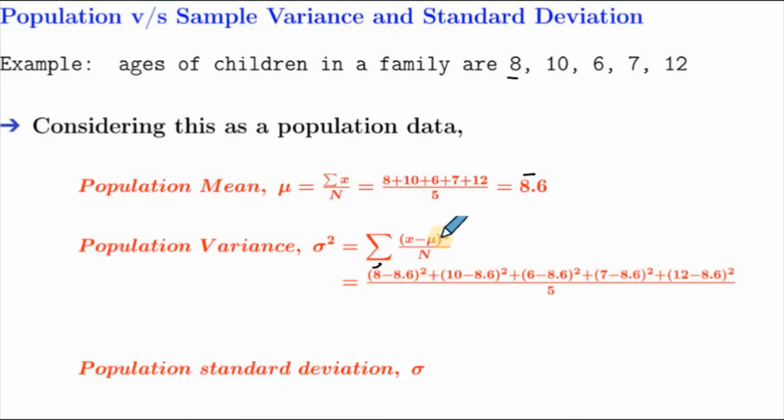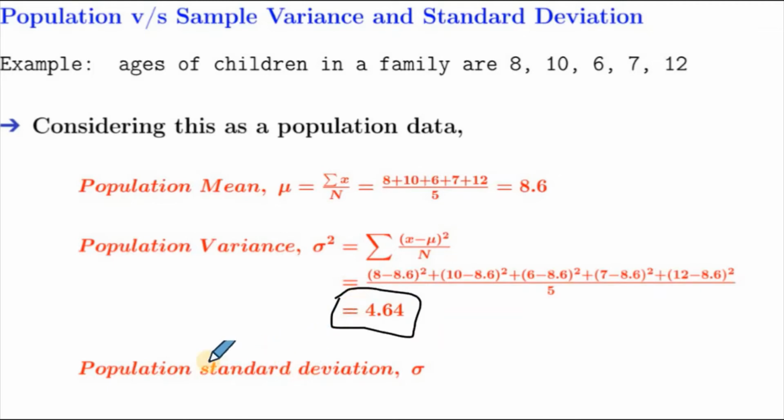So we are just plugging in our numbers in the formula. Similarly, this 10 comes from our data, and this 8.6 is our population mean. Similarly, we will follow the pattern for the rest of the data values. And further doing the math, we get 4.64 as a population variance.